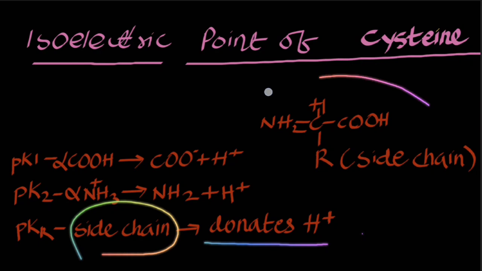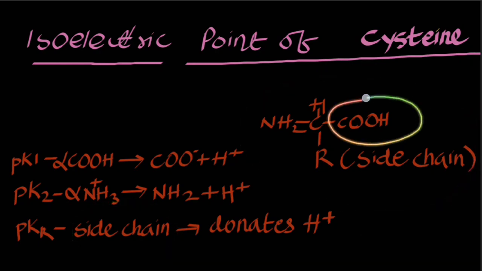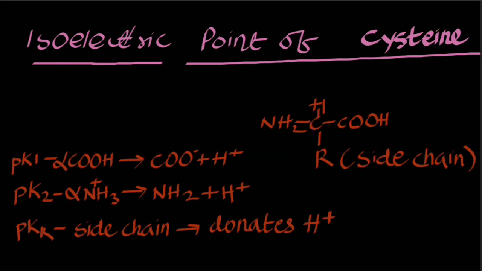As you can see in the structure of the amino acid, we have the alpha carboxylic acid and the alpha amino group, and then the side chain could also have any group which could donate hydrogen. It could have a carboxylic acid, as in aspartate, or it could have an amino group, which we'll study in lysine. So we'll just move forward and see.